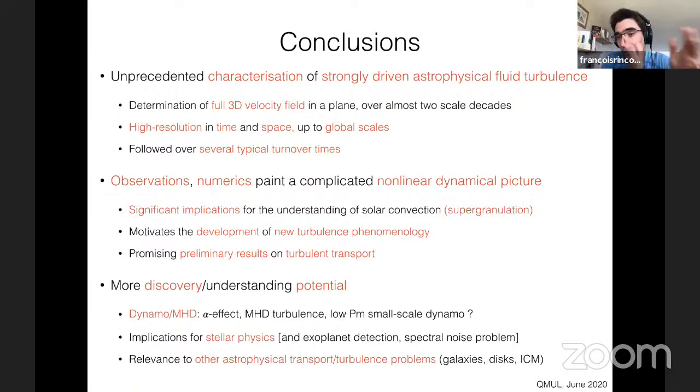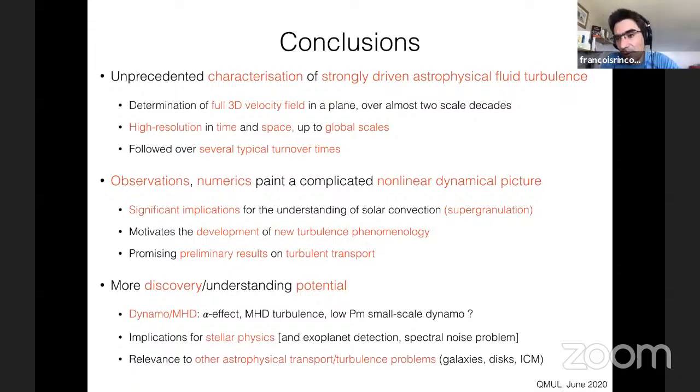First of all, there are implications for the solar convection problem itself, in terms of better understanding what drives supergranulation. There is also the motivation for the development of new turbulence phenomenology that comes from solar observation, which gives you indication about more fundamental phenomenology. I think it's interesting to have things going that way and not the other way around.